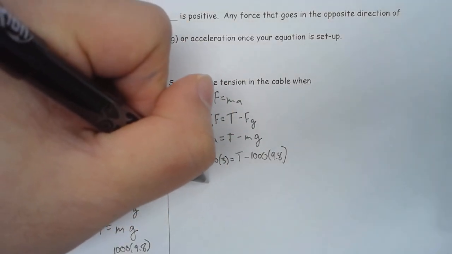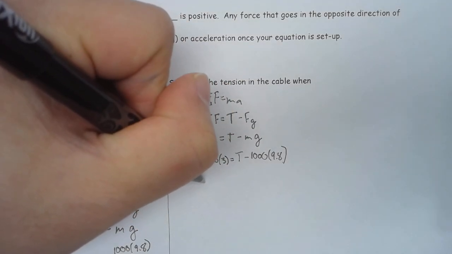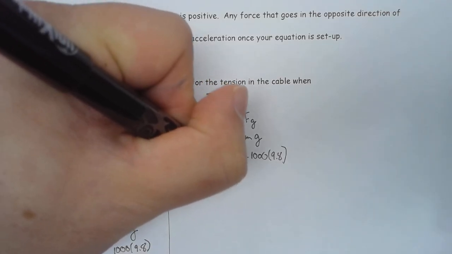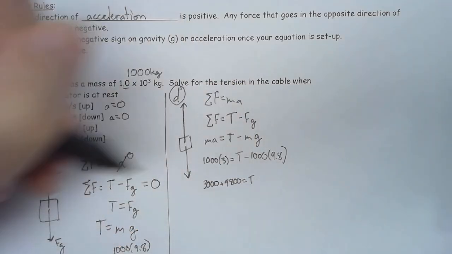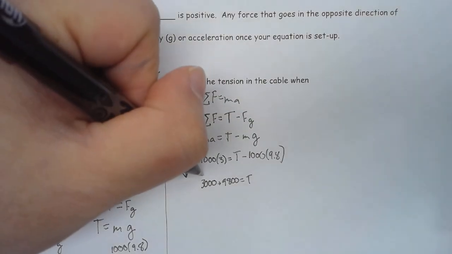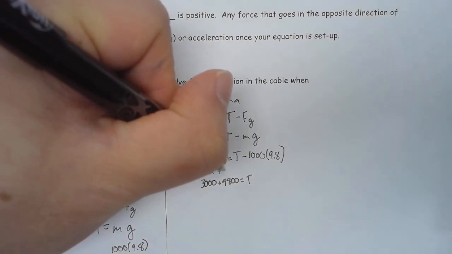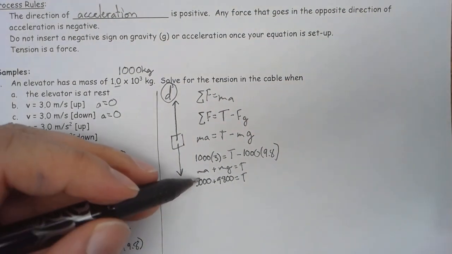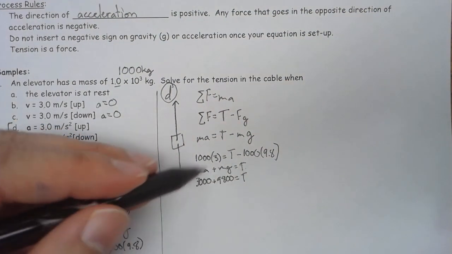So we really have 3,000 plus 9,800 equals the tension, right? This is ma plus mg equals T. That would be kind of the summation of my tension equation.